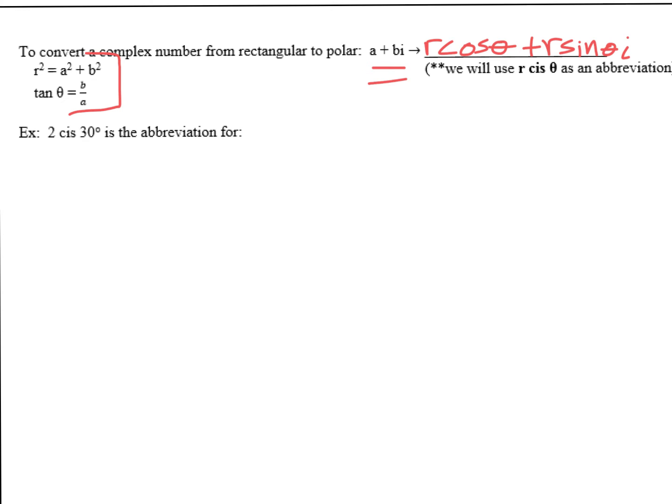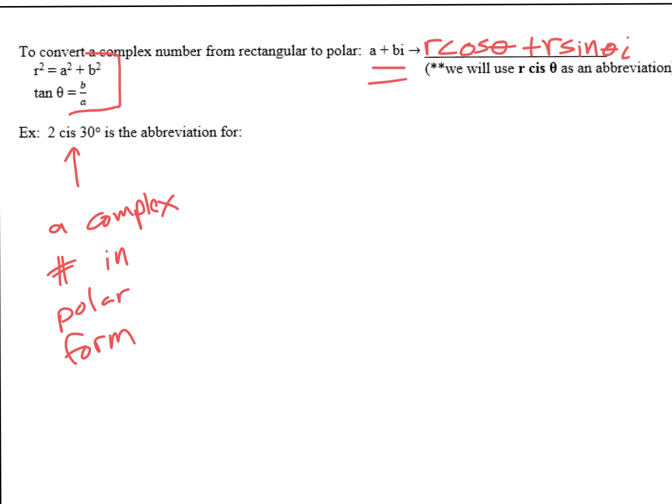Okay? Now under the example here, this is how we write a complex number in polar form, okay? 2 cis 30.